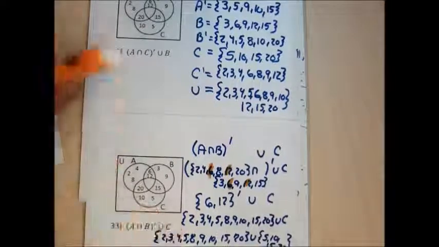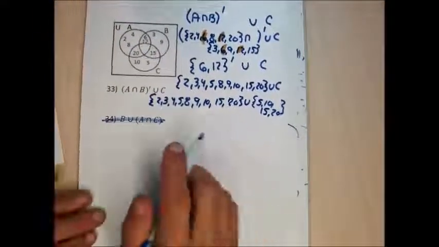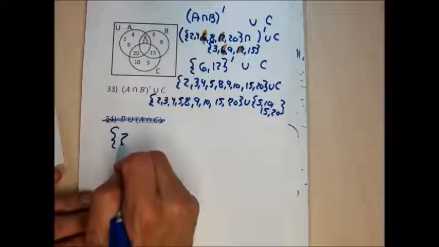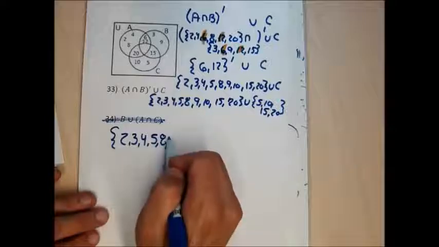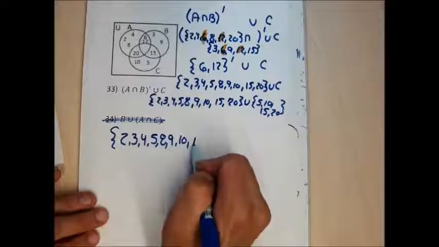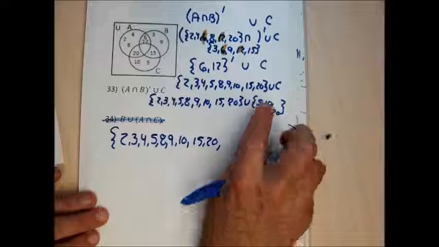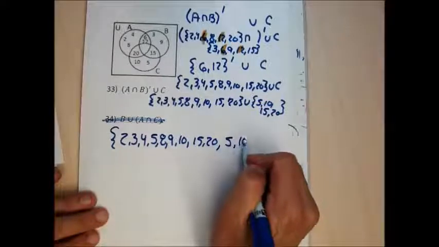And of course, to union two sets, I write those sets together in a giant set. So I'm going to take all the elements from the first set, and then all the elements from the second set.